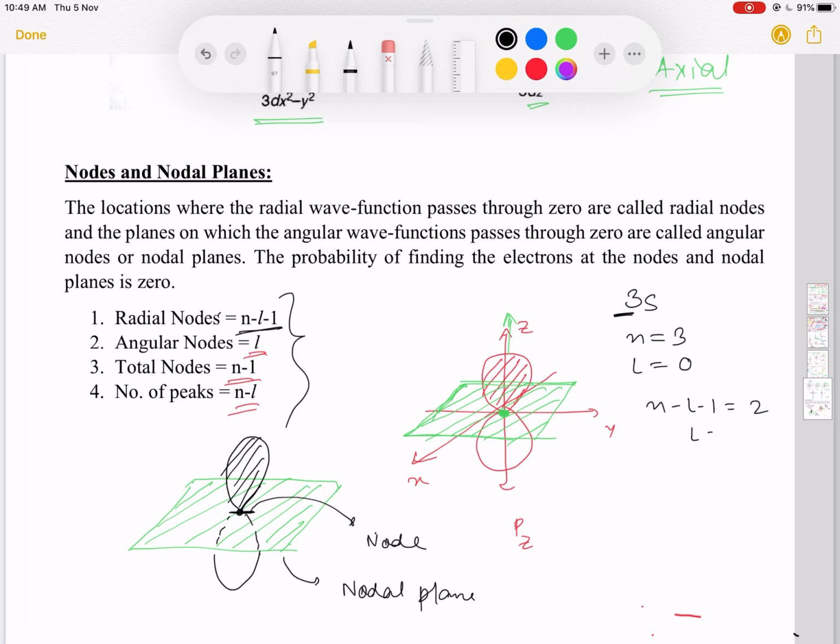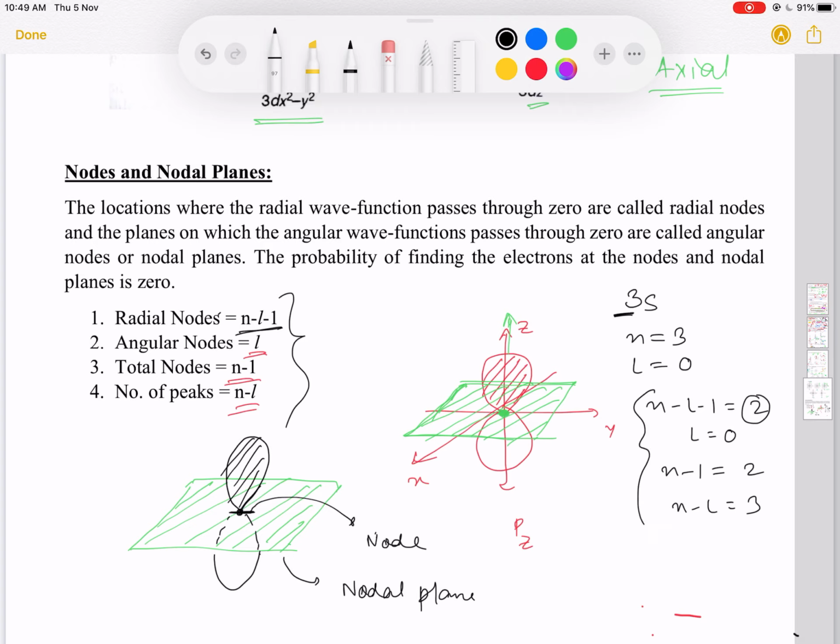For angular nodes l is 0, so 0 angular nodes will be there. Total number of nodes will be n minus 1, which is 3 minus 1, that is 2, and the total number of peaks will be n minus l, that is equal to 3.